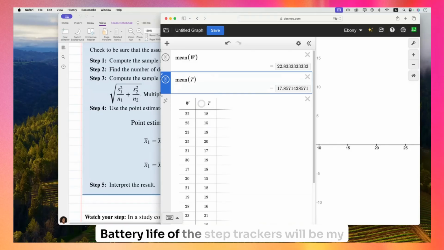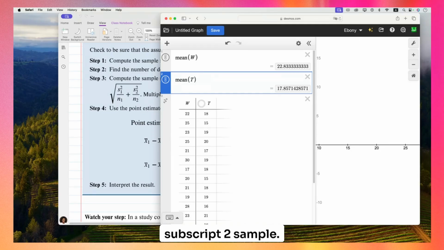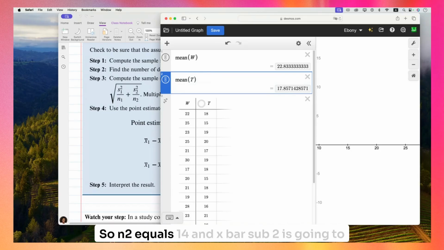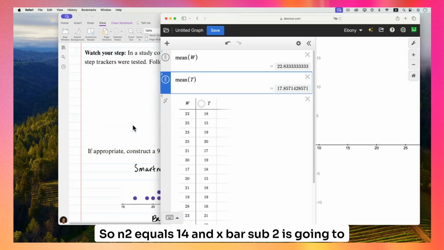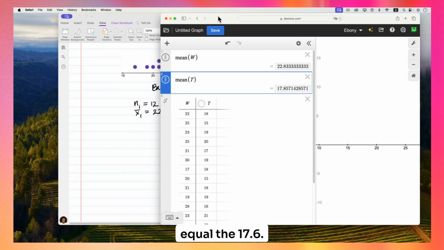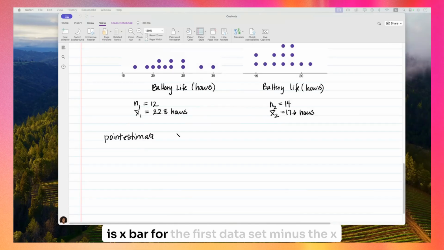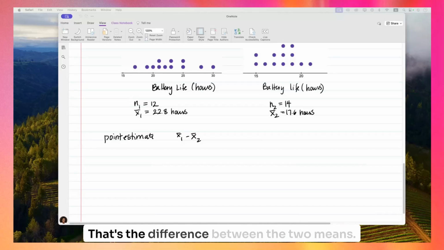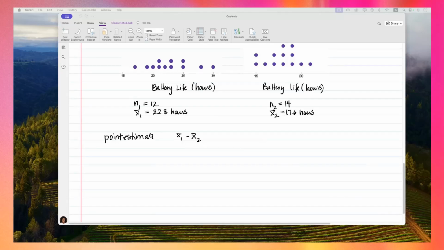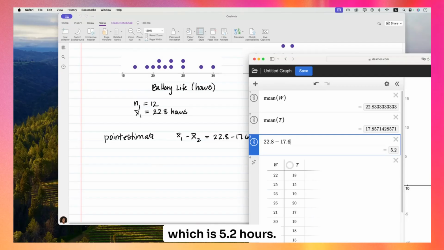Battery life of the step trackers will be my subscript 2 sample, so n2 equals 14, and x-bar 2 is going to equal 17.6. The point estimate is x-bar 1 minus x-bar 2. That's the difference between the two means, which is 5.2 hours.